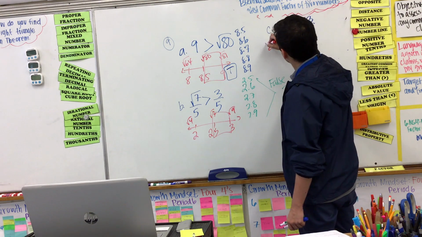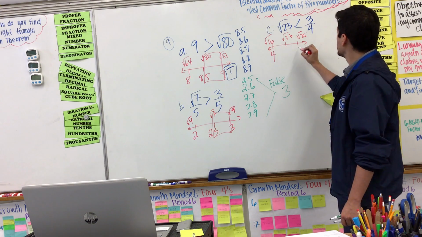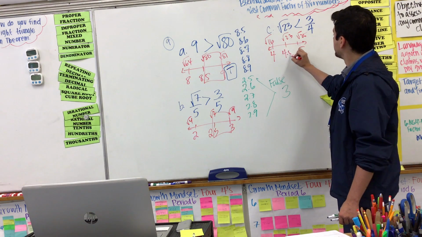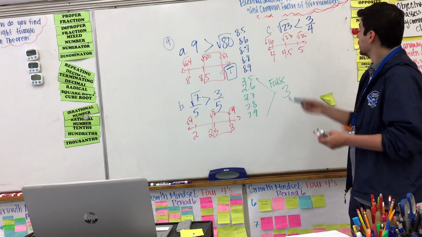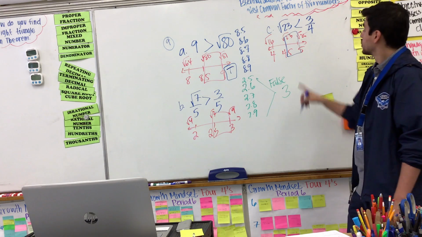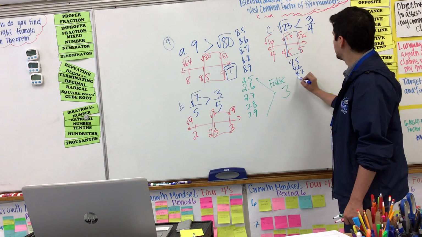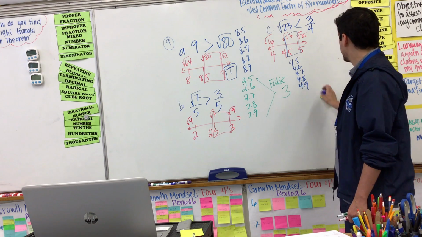I know that this one is 16. This is 25. I know this is 4, 5, 4.5. 23 is closer to 25, so this one's right here. So my answer could be 4.5, 4.6, 4.7, 4.8, 4.9.